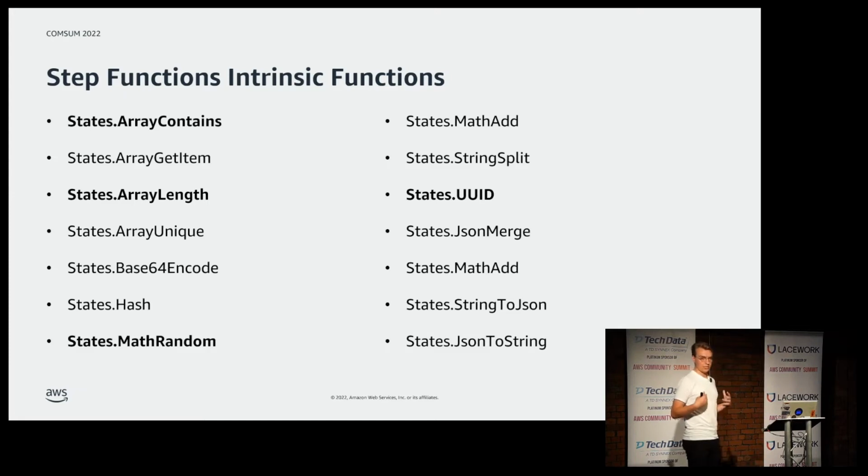You can do all of this within your workflow without writing a single line of Lambda code that you might have needed to use originally. In this architecture, we'll get to in a little while, we use the States.UUID function that's up there to generate a unique identifier. So when we receive the requests into our API, we generate a unique identifier from within our workflow.